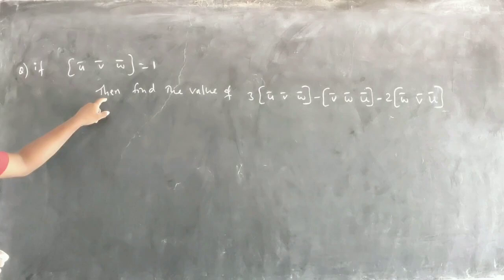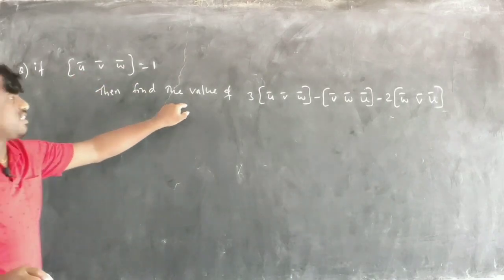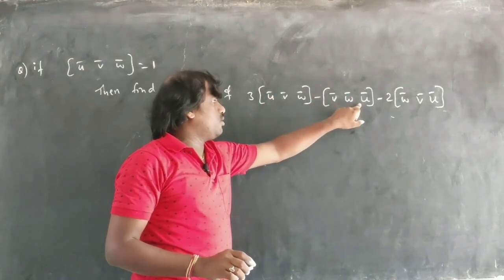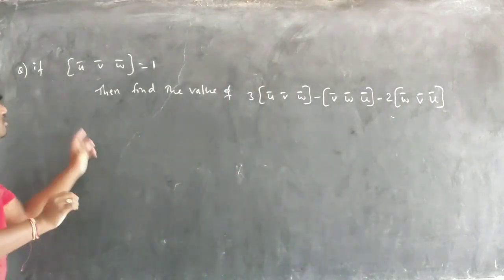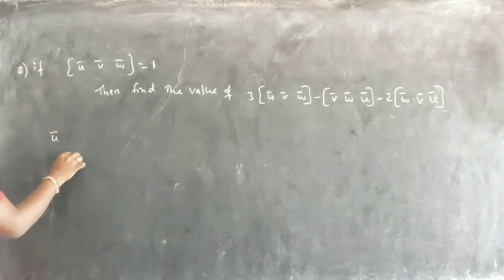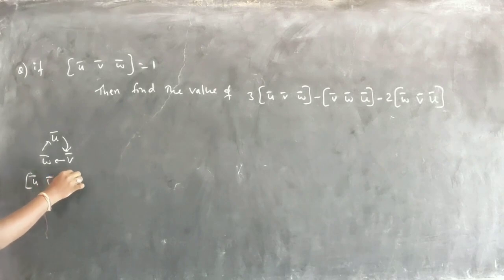Now this is the question you have. Box of UVW is equal to 1. Then find the value of 3 times UVW minus VWU box minus 2 times WVU. As I told you, there is a very easy way to understand this.